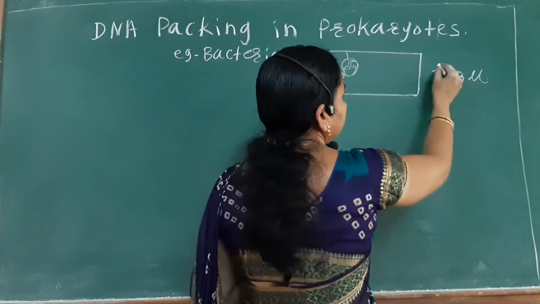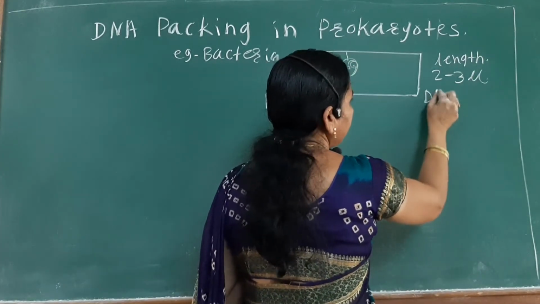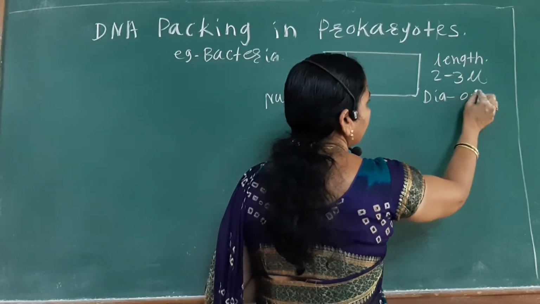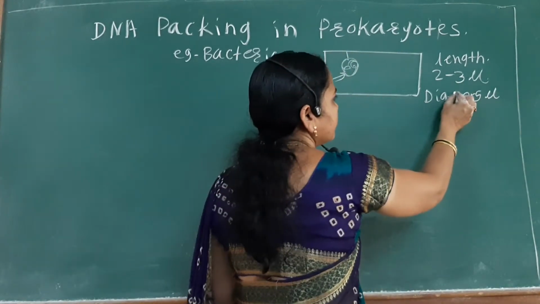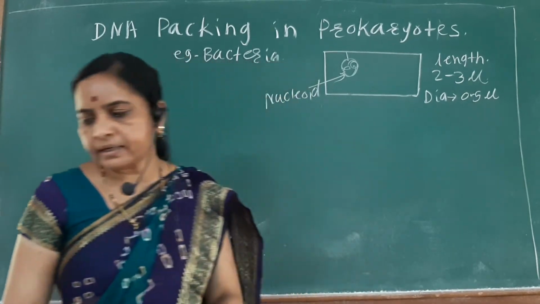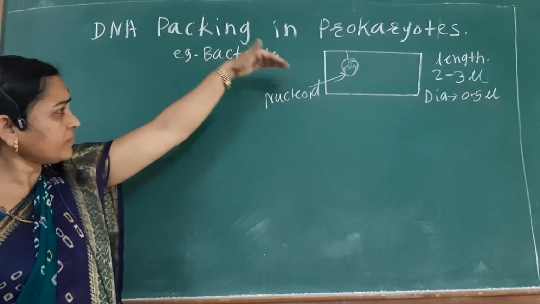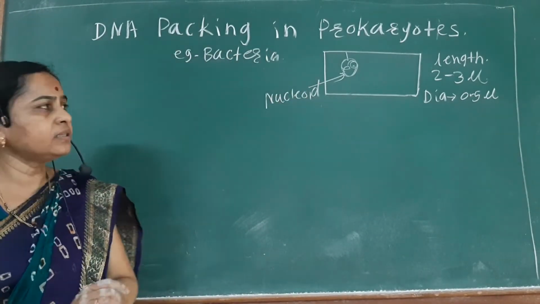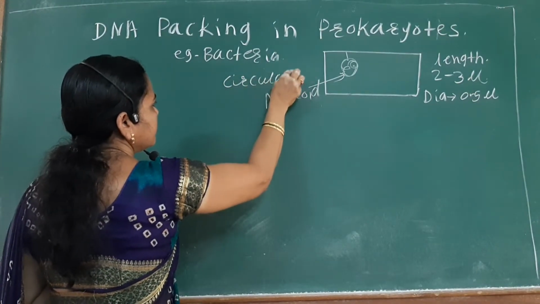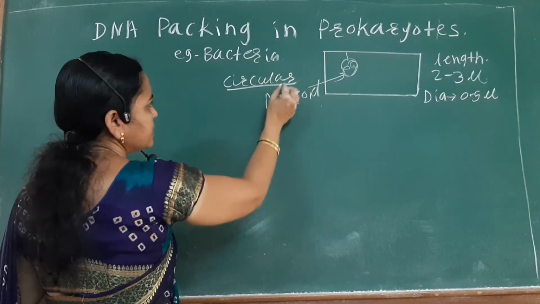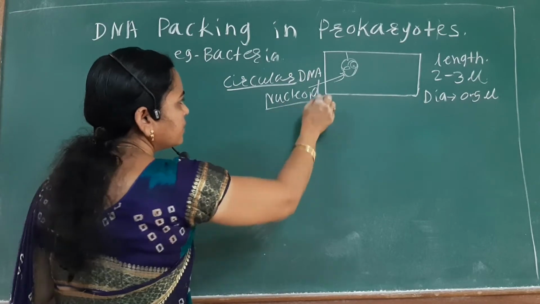And the diameter of the E. coli cell or the bacterial cell is 0.5 micron. So the DNA in this bacterial cell is in the circular form, and the circular DNA is known as the nucleoid.